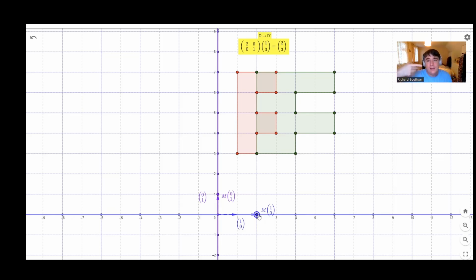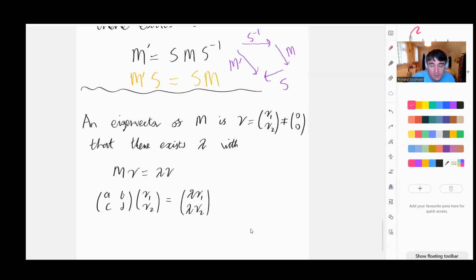So these eigenvectors are special vectors which don't change direction when we apply the linear map. They might be rescaled, and the scalar that they get rescaled by is called the eigenvalue of the vector. So when we find an eigenvector, there's going to be a corresponding lambda, which is the eigenvalue.